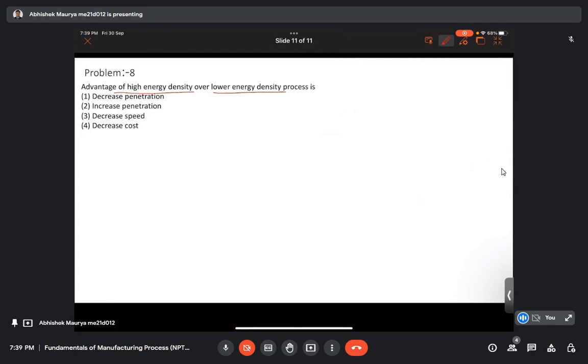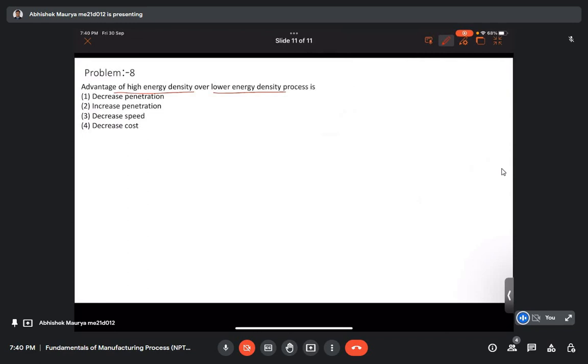In welding we have a heating source, and from the heating source we try to melt the material, and join both materials by melting them locally and fusing them together.